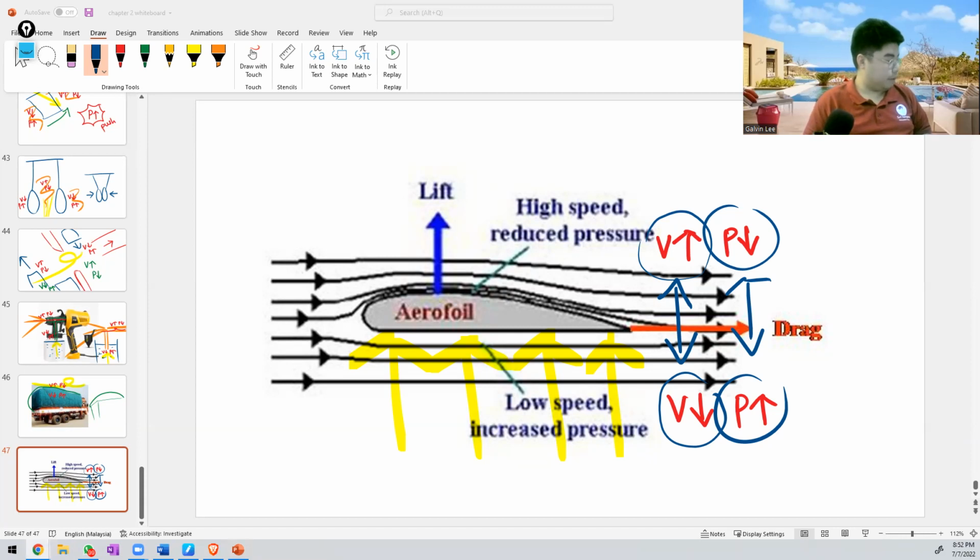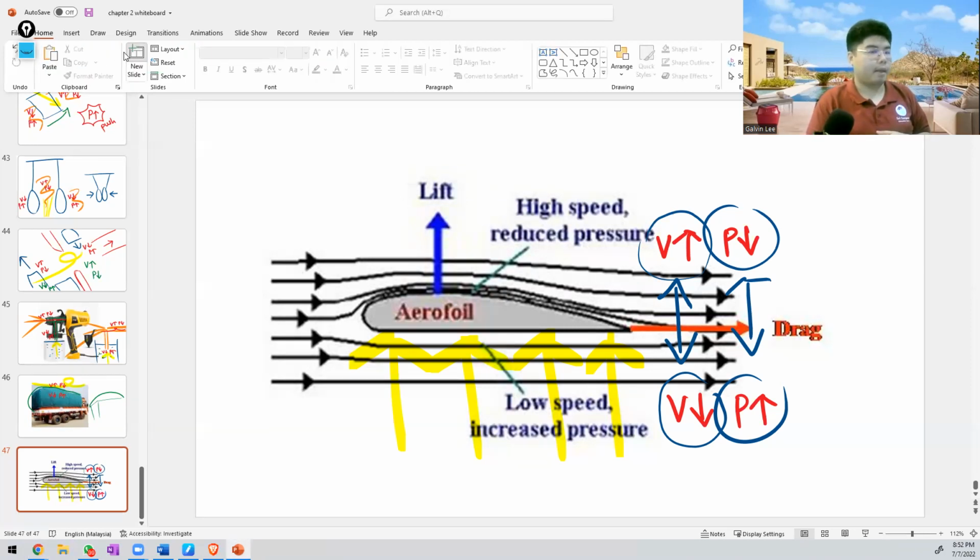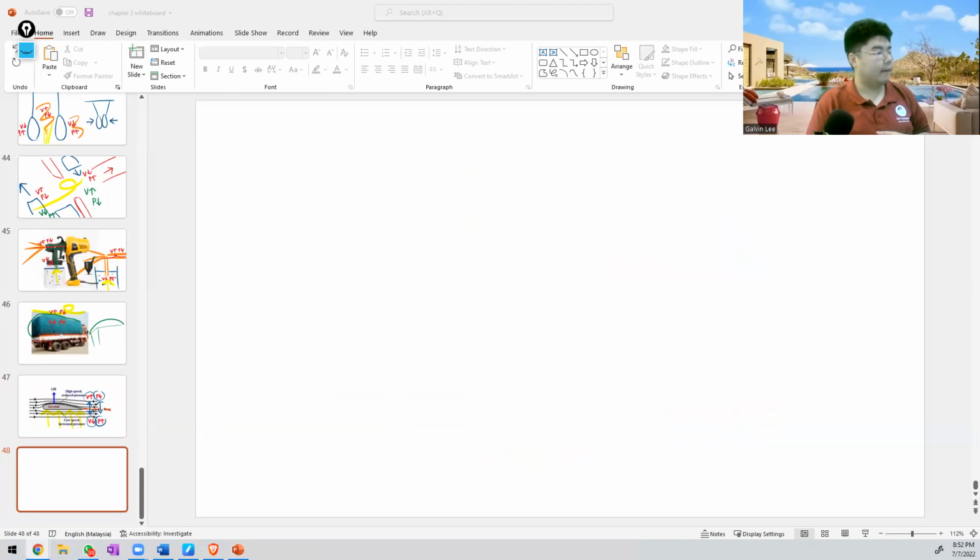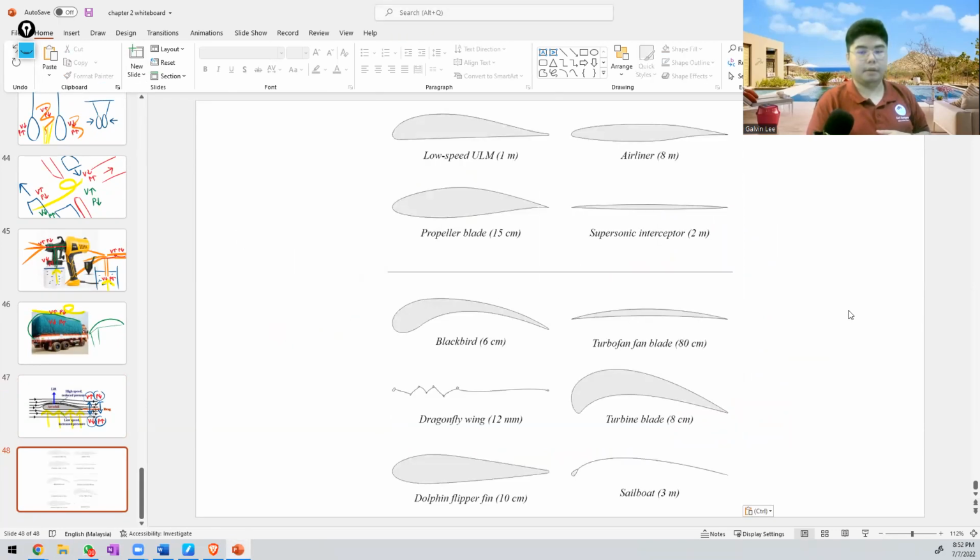Okay, so we call it an aerofoil. Talking about design, you see? Different aerofoil designs.